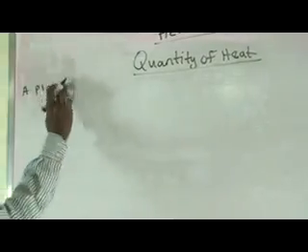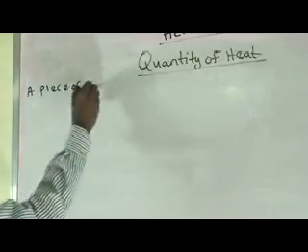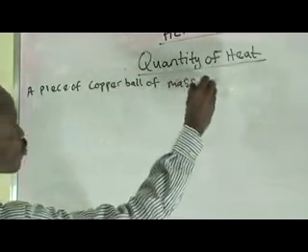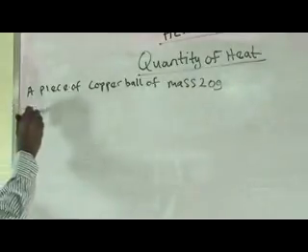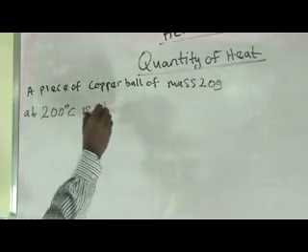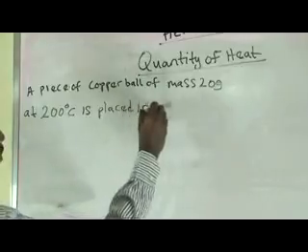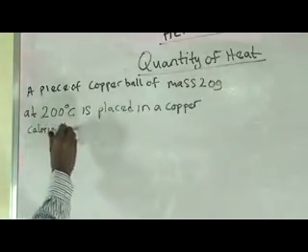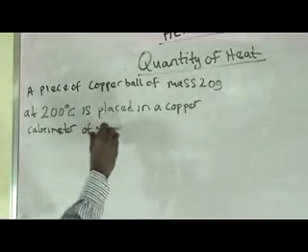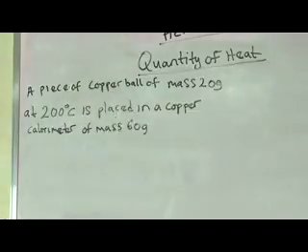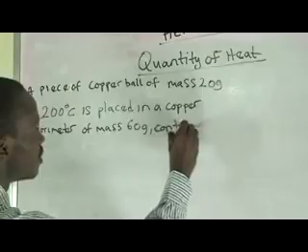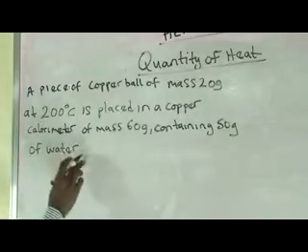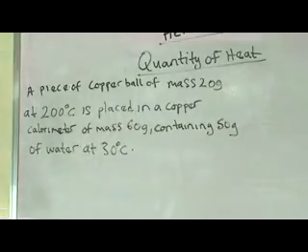A piece of copper ball of mass 20 grams at 200 degrees Celsius is placed in a copper calorimeter of mass 60 grams containing 50 grams of water at 30 degrees Celsius.